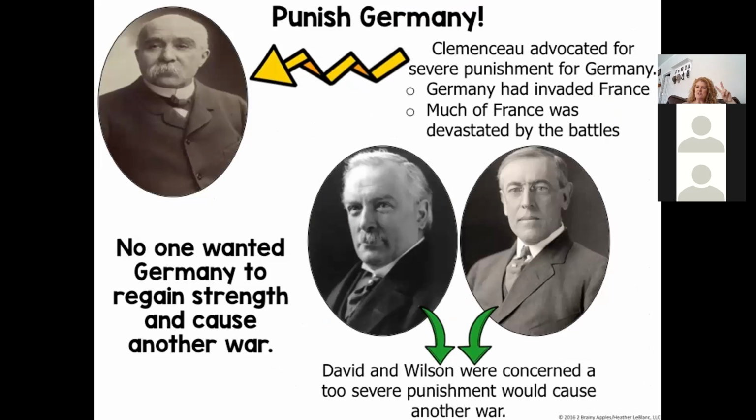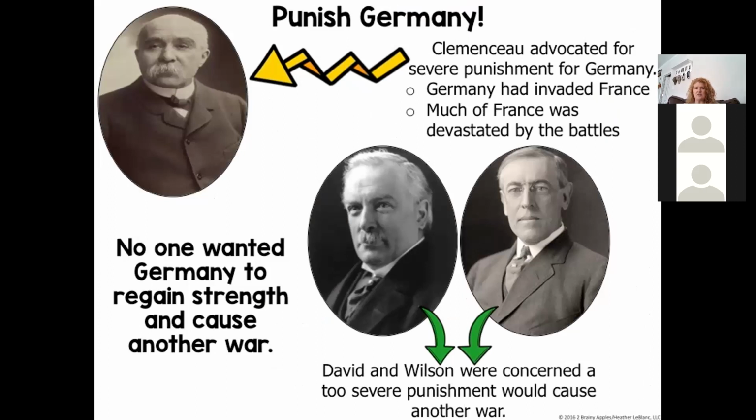There are two schools of thought on what we need to do in this treaty. No one wants Germany to regain strength because they just assume they'll cause another war. And that was a very good concern because, being that we're in the future, we know that they did cause another war. So Clemenceau advocates for a very severe punishment for Germany.